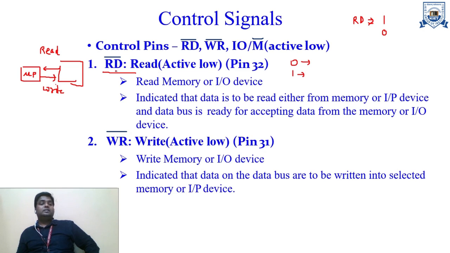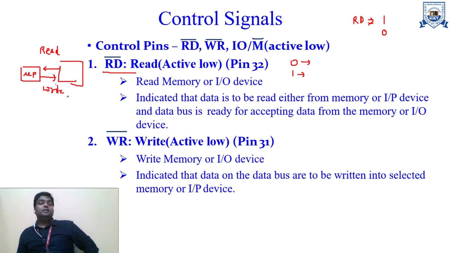When the value of the read pin is 0, it performs a read operation, and when the value of the write pin is equal to 0, it performs a write operation. Read and write operations can be performed in memory as well as in input output devices.